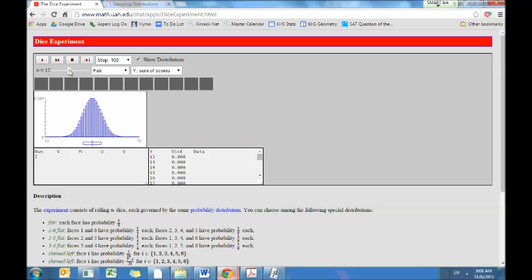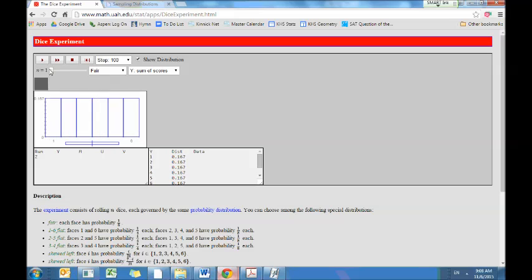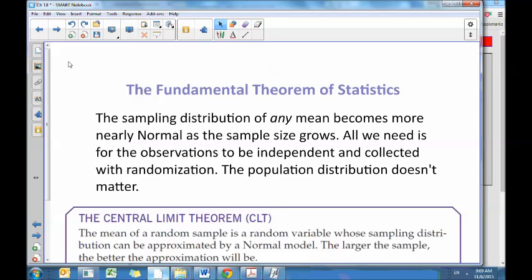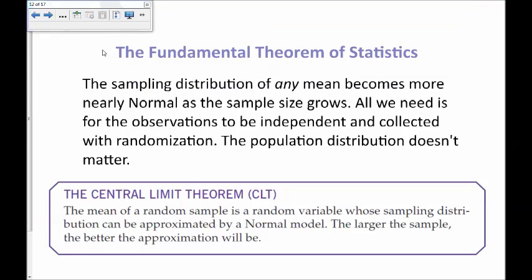That's a really important finding, because one dice is not the normal model, it's a uniform distribution. But as you add more and more dice, it begins to look more normal. That leads us into the central limit theorem, which is the fundamental theorem of statistics.